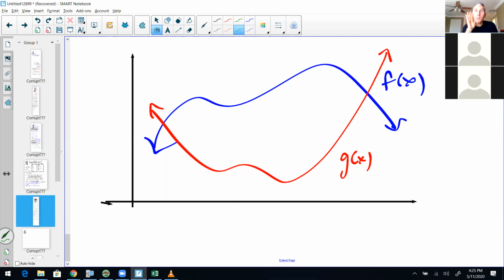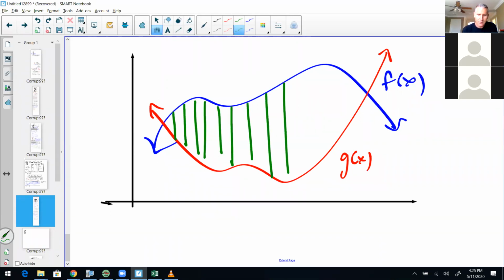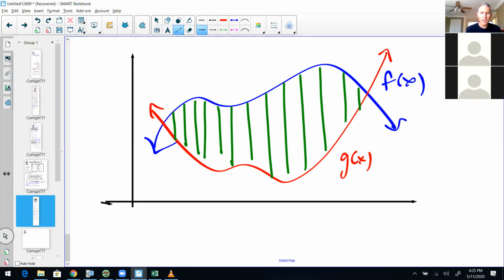Up and down, perpendicular to the x-axis, which means that everything is in terms of x, or perpendicular to the y-axis, in which case everything is in terms of y. For this one, everything would be perpendicular to the x-axis, right? So now let's say that I want to rotate this about the line.